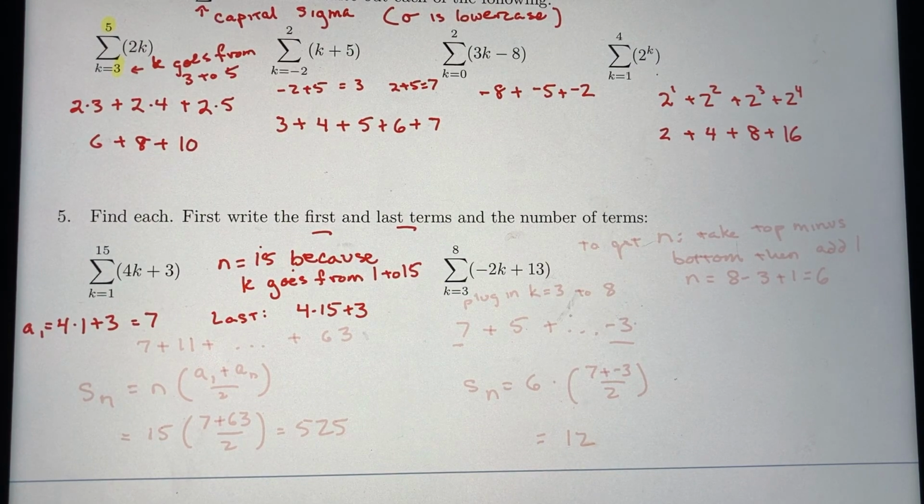Okay, 4 times 15 plus 3 is 63. So the sum is n times the average of the beginning and end. Stuff into calculator time.